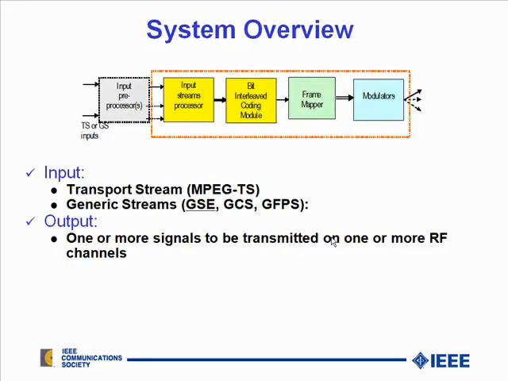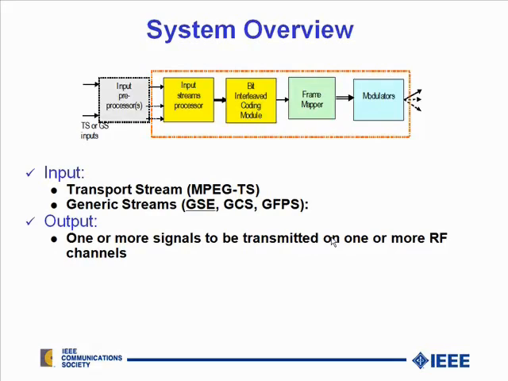We will start from the input, which for us is a transport stream, so an MPEG transport stream, or a generic stream, which may be this new generic stream with encapsulation, or GSE, or a generic continuous stream, GCS, or generic fixed length packetized streams, GFPS.